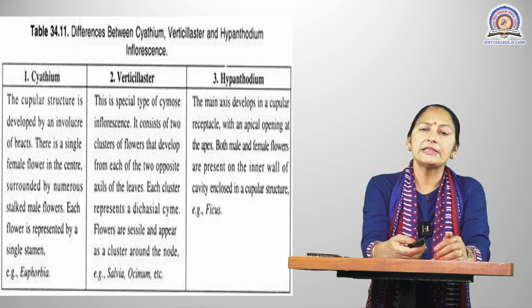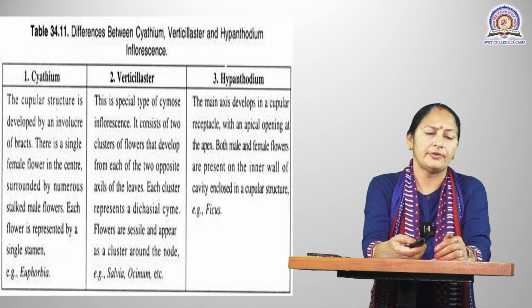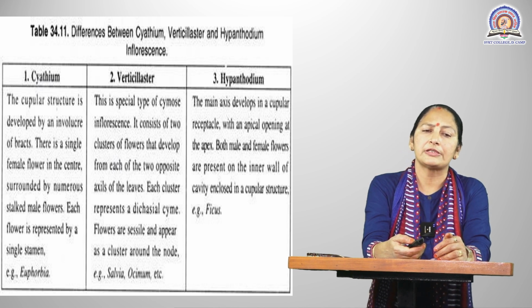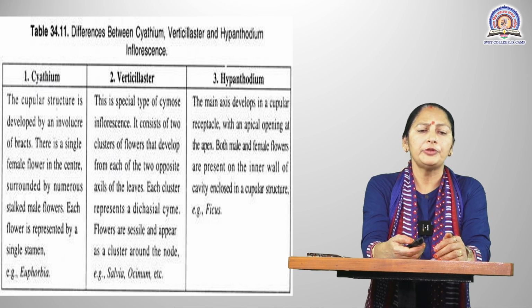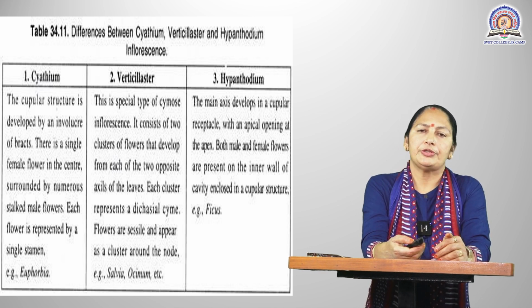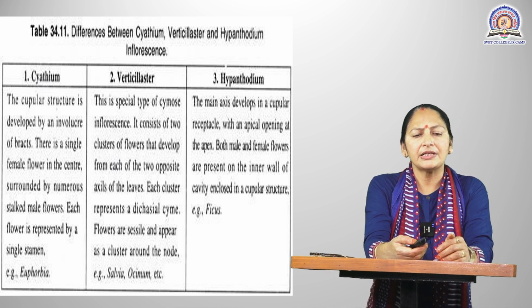Then the verticillaster is a special type of cymose inflorescence. It consists of two clusters of flowers that develop from each of the two opposite leaf axils, and each cluster represents a dichasial cyme.